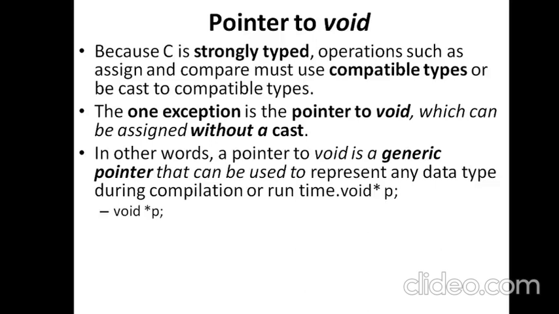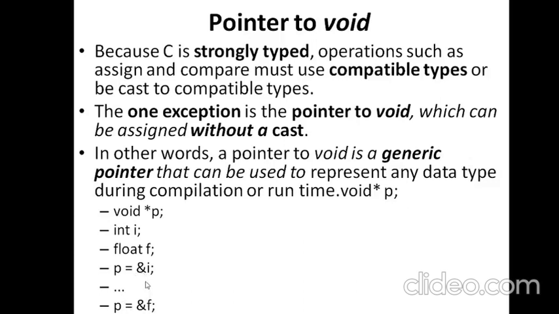Here I'm first declaring a generic pointer by using the keyword void and then the declaration of the pointer. After that, you can see that I have two variables, one an integer and the other a float. In one line I'm assigning the integer address to the pointer, and in another statement I'm assigning the floating point address to the pointer.